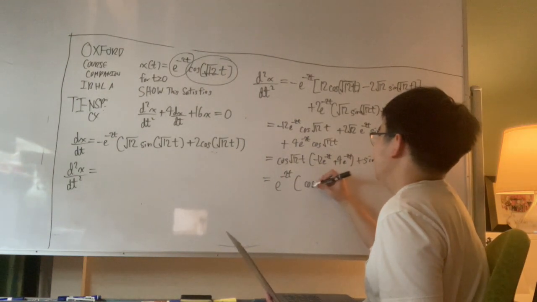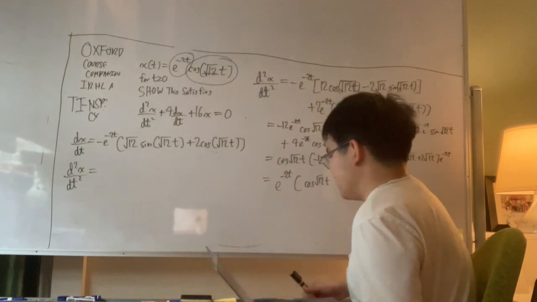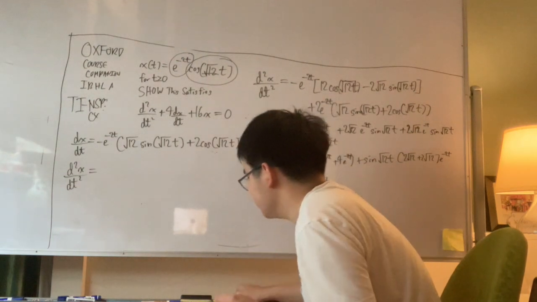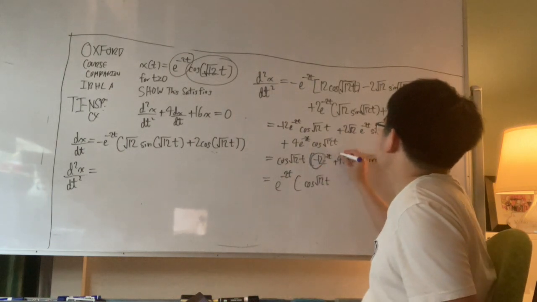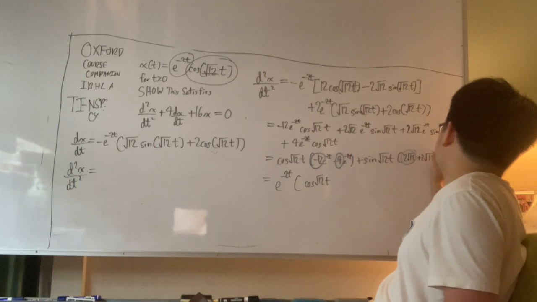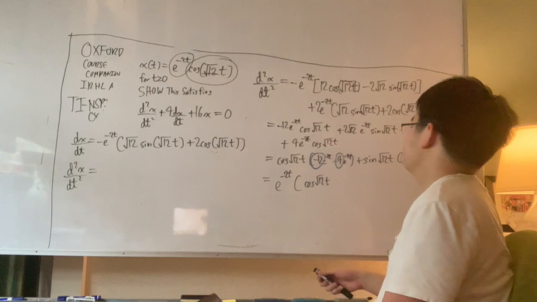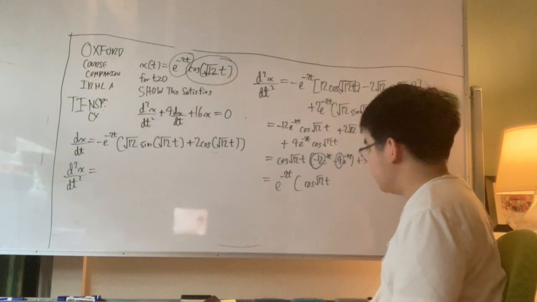You get cosine of square root of 12t, that's minus 12 plus 4. Minus 12 plus 4. And then 2 root 12 and 2 root 12. So that's minus 6.